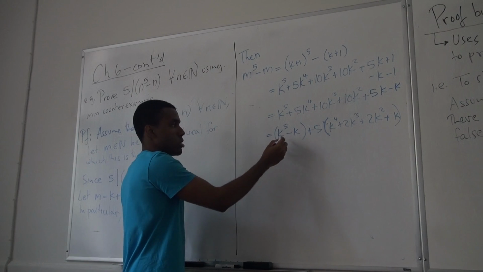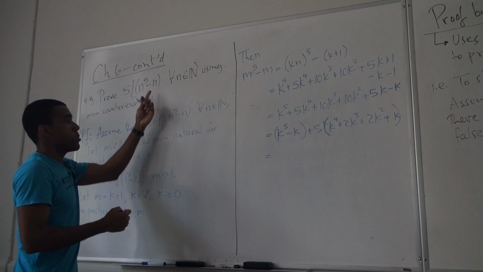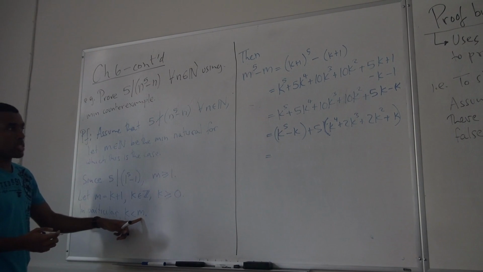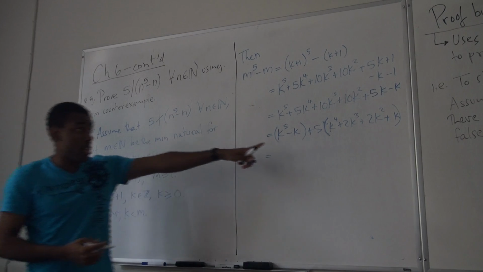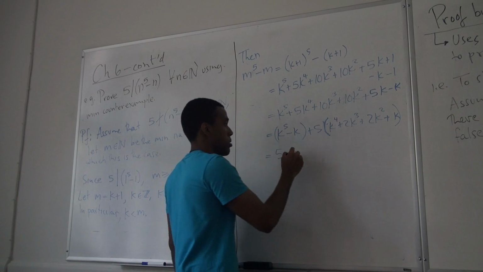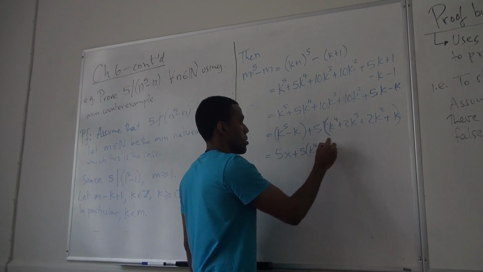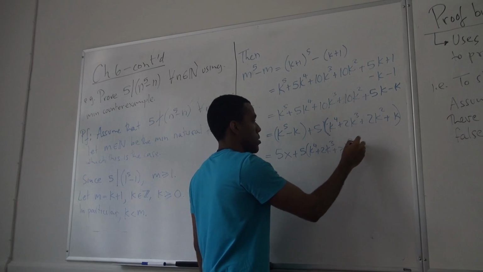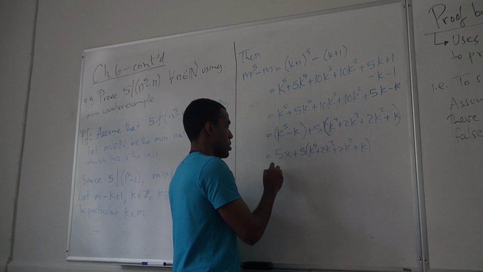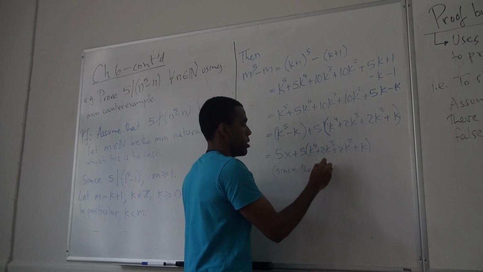Now this, k to the 5th minus k, has this form, and k is less than m. m is the smallest for which this claim is false, which means for k it's actually true, which means I can write this as that, since the claim is true for k.